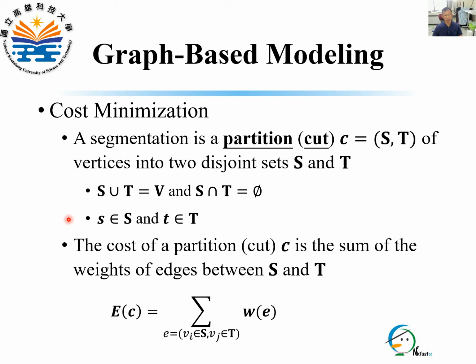Additionally, the source vertex S is in the set S, while the sink vertex T is in the set T. The cost of cut C is defined as the sum of the weights of the edges that connect the sets S and T. The following equation can represent this.